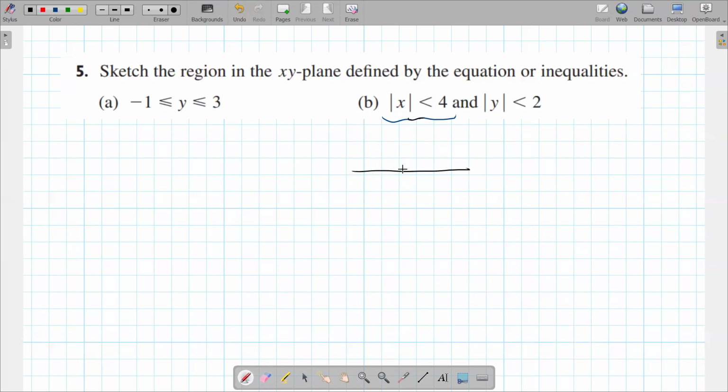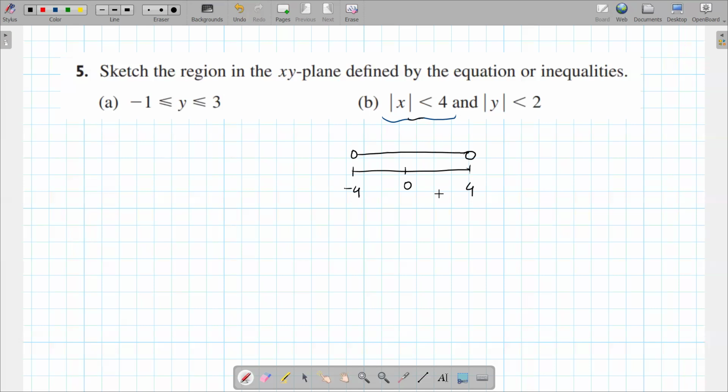See if this makes sense to you. From -4 to 4 with an open circle. 4 itself is not included. Any value in that range would make that inequality true. The absolute value of x is less than 4. What about the other inequality?